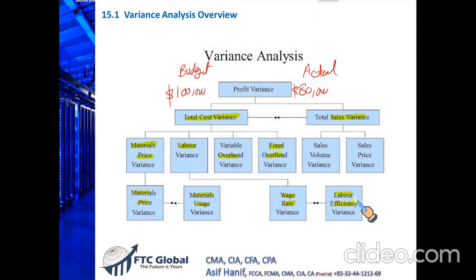We will find an answer where things went wrong. We thought about profit to be 100,000 as per the budget, but the actual profit was lower. We need some justification. We need some answer. Is it because of material or labor or variable overhead or fixed overhead, or material price variance, usage, labor rate variance? We need to get an answer, right? This is the area where you will spend most of your time in variances. Almost 95% of your variances are on the cost side.